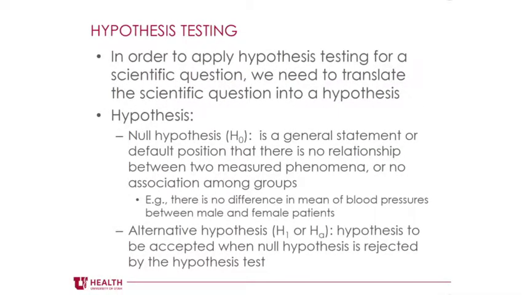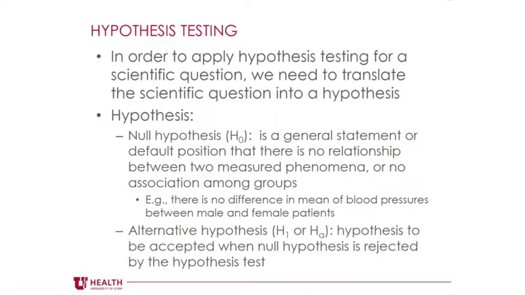Hypothesis testing. The goal for hypothesis testing is to test a scientific question, and we need to translate the scientific question into a hypothesis. In terms of statistical hypothesis testing, we need to have two types of hypotheses.